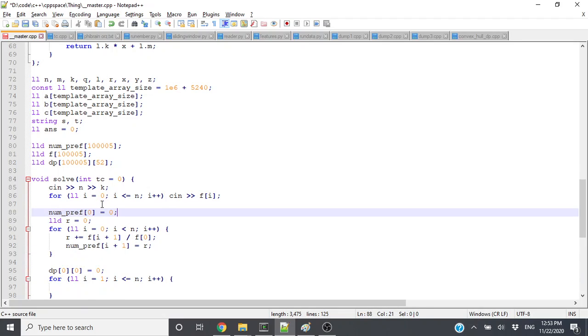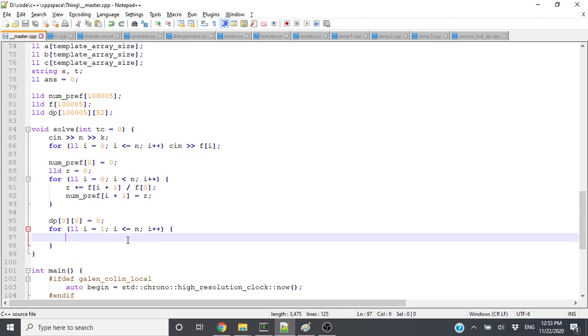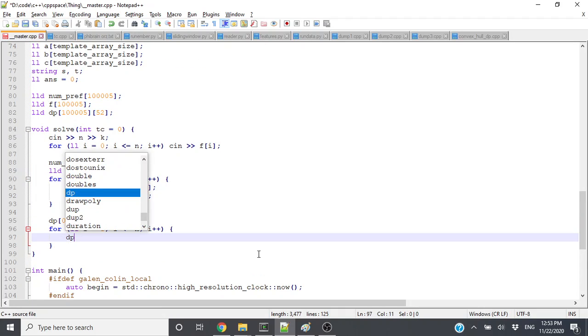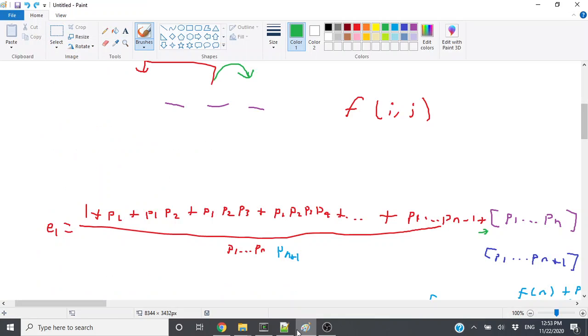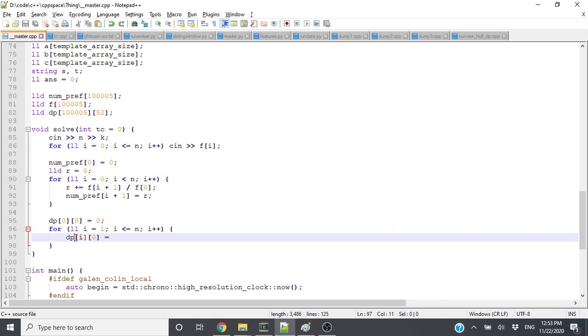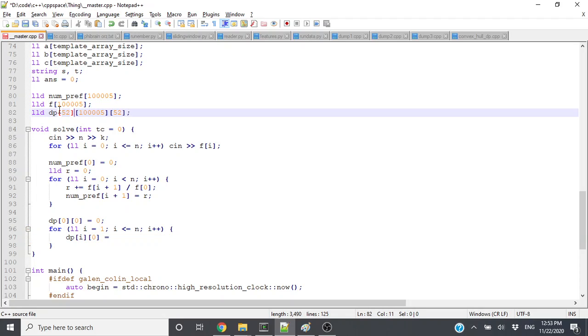Pref 0 equals 0. Yeah, that might be easier. Okay, we'll just one index. So then dp i 0 is equal to, how would this work? We can do it like this, that would make it slightly easier.